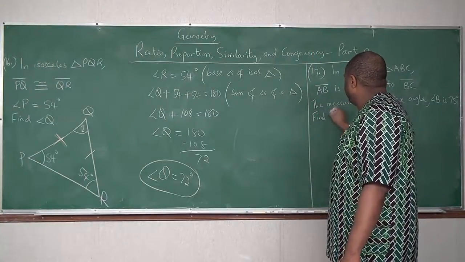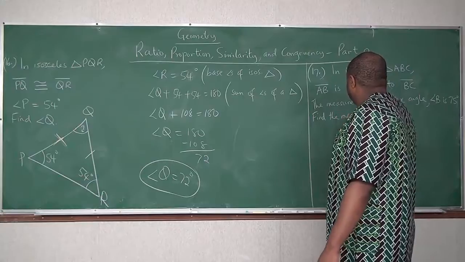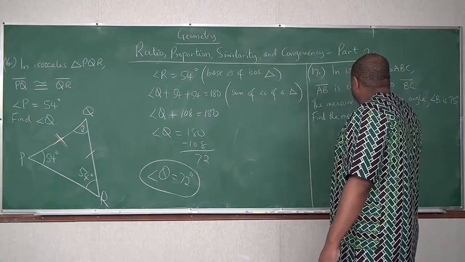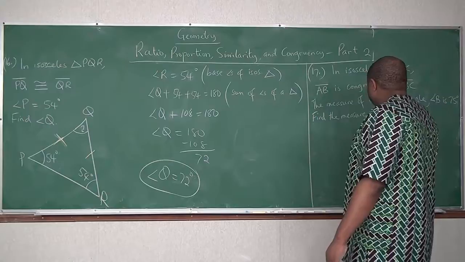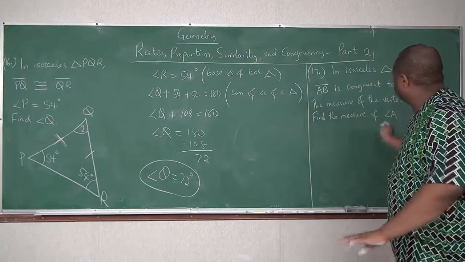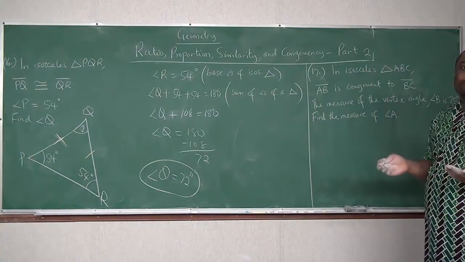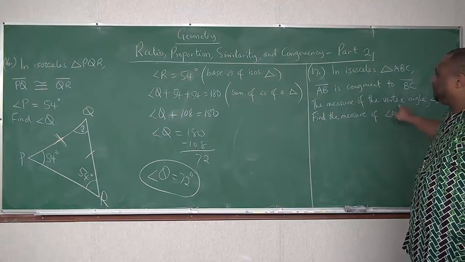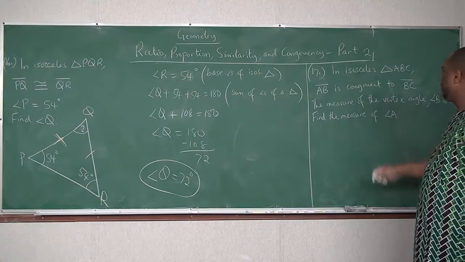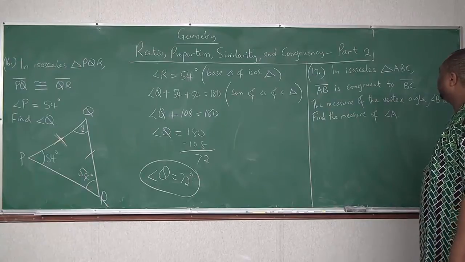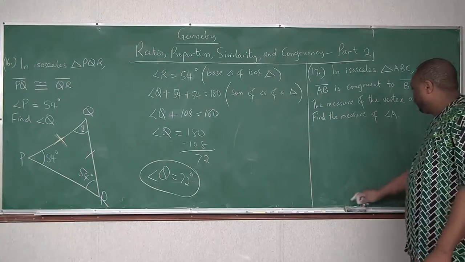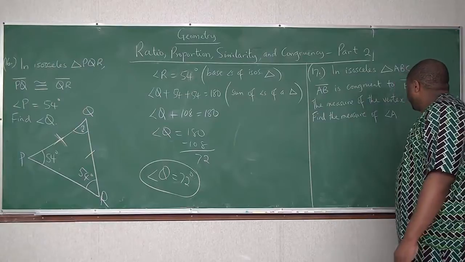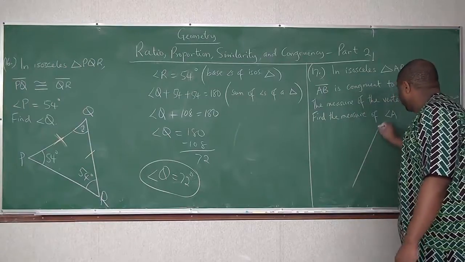So they did not draw this for us, so we have to draw it. But they told us that this is a vertex angle at the vertex. Triangle ABC. If we draw this, it will look like this.